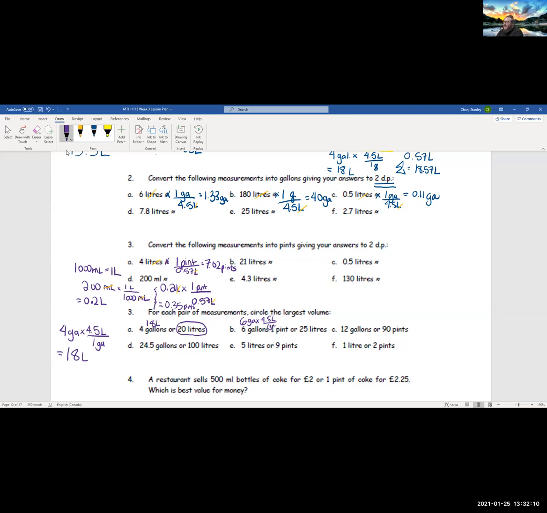Yeah, 27. So we already know that this one is greater. We don't even need to do the other conversion because 27 liters is greater than 25 liters, although we could do the 1 pint conversion just for the heck of it, but we don't need to in this case.